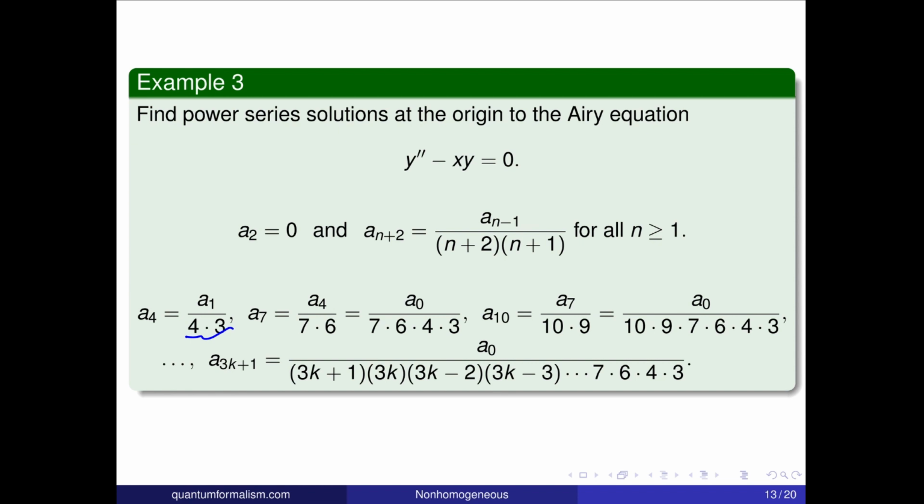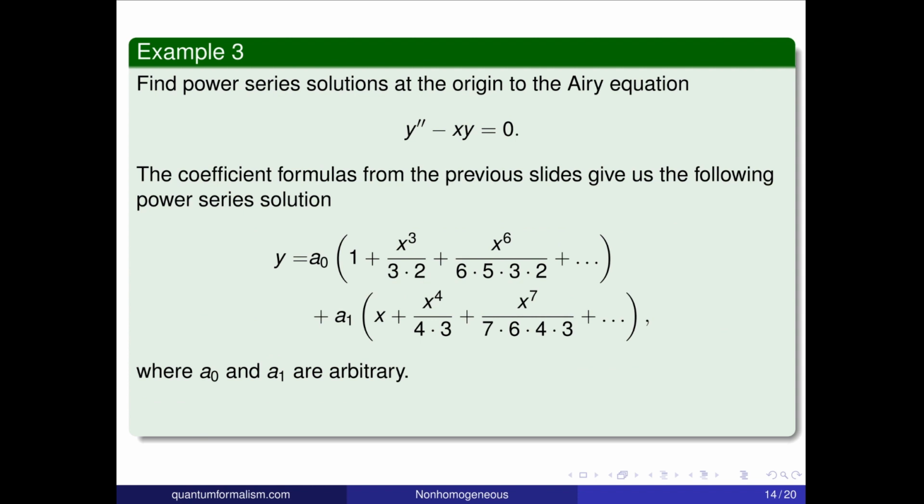All right, so at least in terms of those kind of clunky formulas, we've now produced the general power series solution. So y will be a0 times this first series, which will start at 1, right? Because a0 is the constant term, so a0 times 1 will be the first thing that shows up. And then it'll be all these terms, which are multiples of 3.